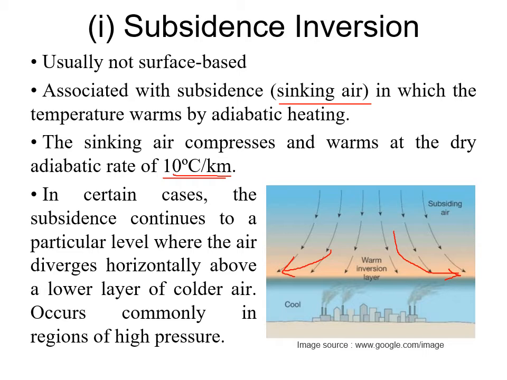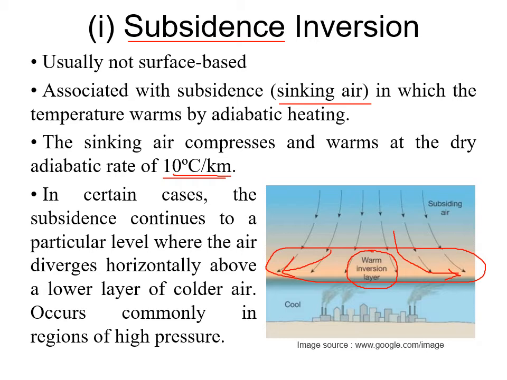You can see from the surface, temperature gradually decreasing. Now near the subsiding layer, when the divergence of this subsiding air occurs, temperature starts rising. This is known as the inversion layer, and close to this inversion layer we find that temperature gradually rises. This temperature rising occurs due to subsidence, by adiabatic heating.